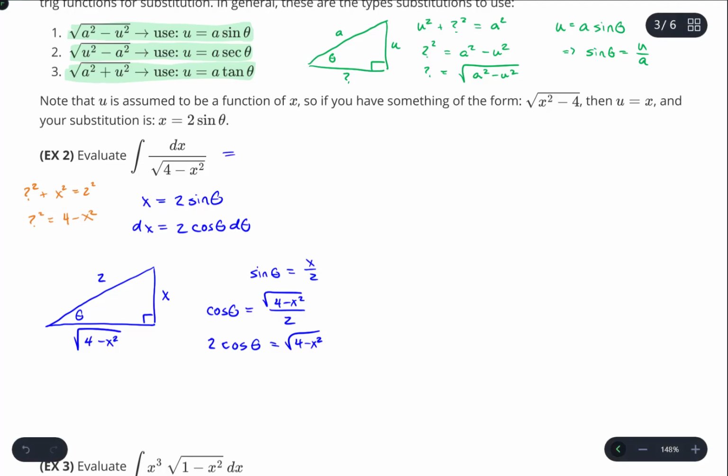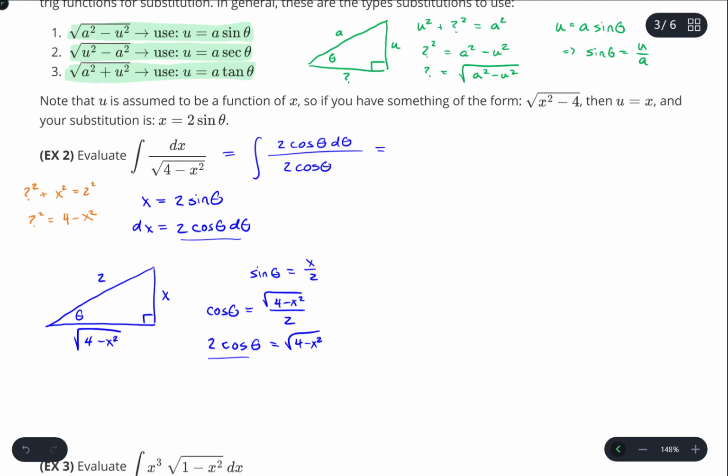All right, so I am directly substituting for dx, and dx is 2 cosine theta d theta, and then I'm directly substituting for the square root with 2 cosine theta.